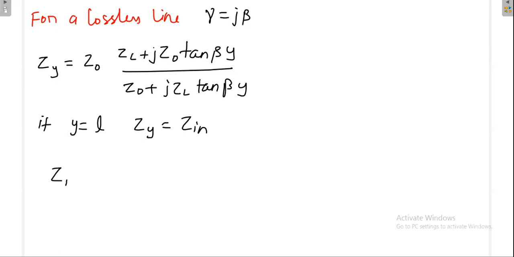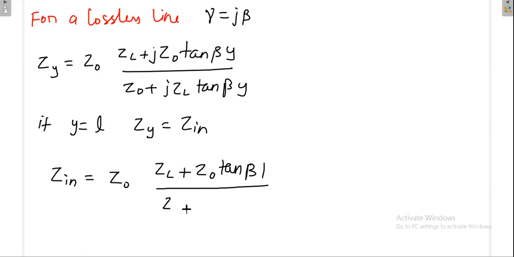Then the input impedance of the transmission line is Zin equals Z naught times (ZL plus j Z naught tan beta L) divided by (Z naught plus j ZL tan beta L). This is the important formula that you have to remember always, because with this we will derive a lot of other formulas.